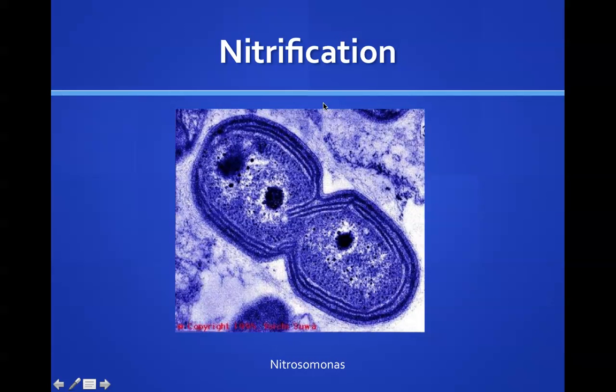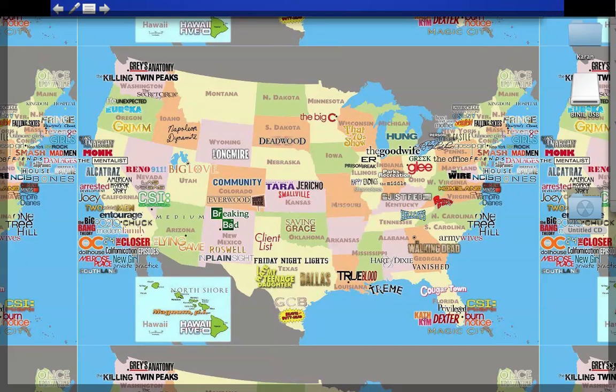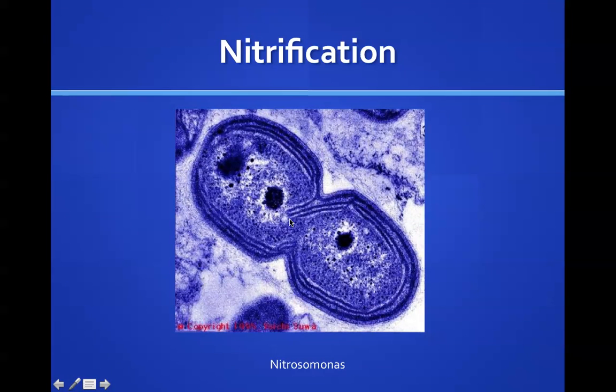Then we have nitrification. Nitrification is when organisms like Nitrosomonas and Nitrobacter do their work. Nitrosomonas converts ammonia into nitrite. This is important because it's nitrite, not nitrate, right. Nitrosomonas uses oxygen, so it's aerobic.